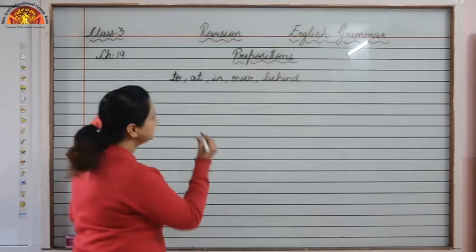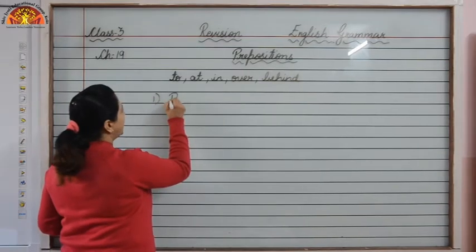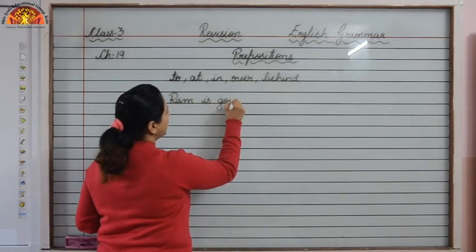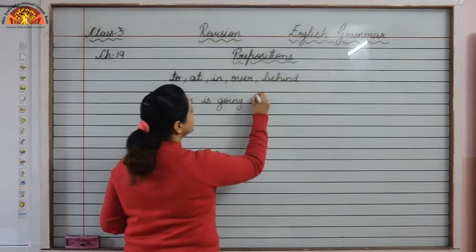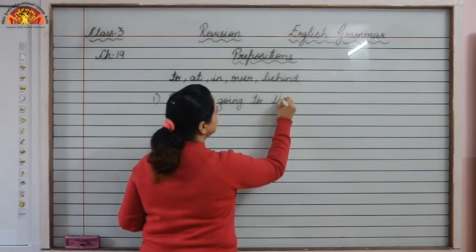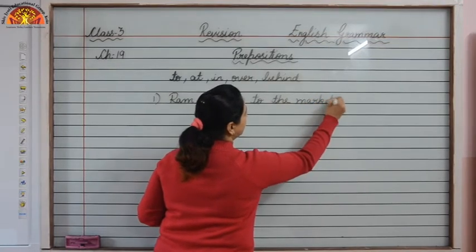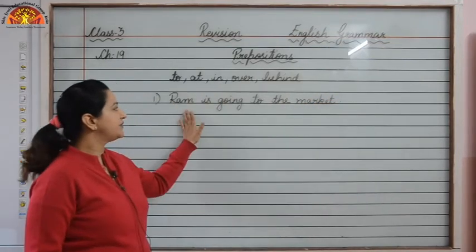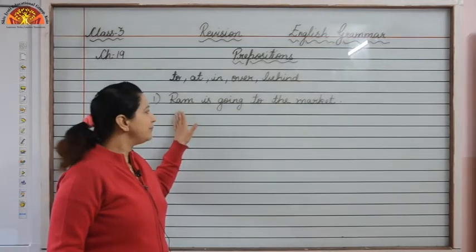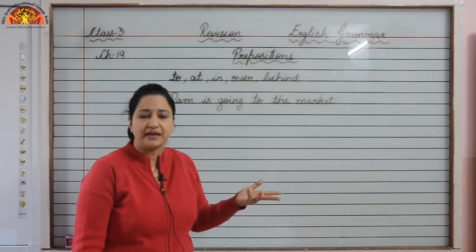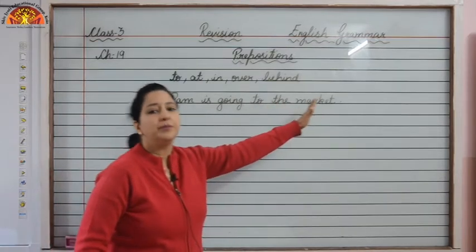For example, Ram is going to the market. Now in this sentence Ram is the noun. Ram is going, but where is he going? To the market.